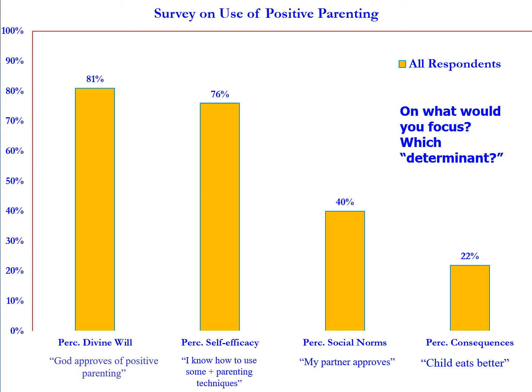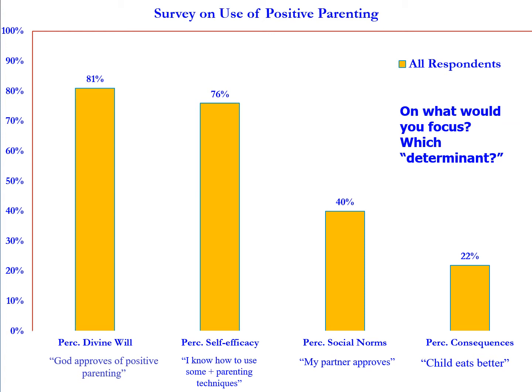So knowing this, what would you focus on changing to get people to use positive parenting, and why? A lot of people would say focus on the determinants that are low, those last two, such as perceived social norms and the perceived consequences, the last two bars. And this is where we make a central mistake. Just because those two are low doesn't mean that they're driving behavior.